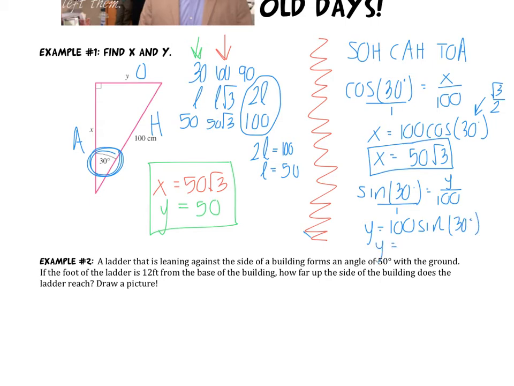So y would equal 50. I know this because sine of 30 is 1 over 2. Okay, so either way is fine with me. Decide which one speaks to you at the moment. You can try one, use the other one to check. Kind of up to you.